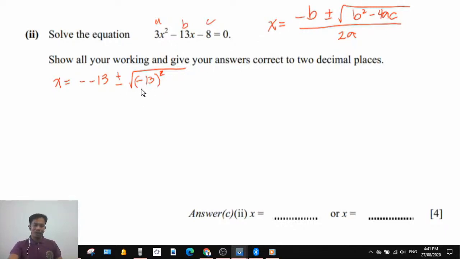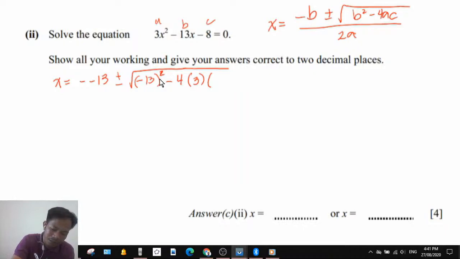So I'll put negative 13 bracket then square. Then minus 4 times the a, which is 3, then the c is negative 8, divided by 2 times the a, which is 3.